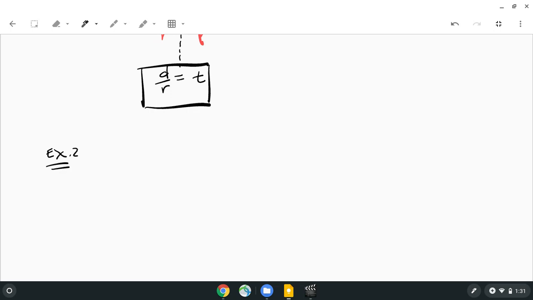All right, let's take a look at this one. Volume equals length times width times height. Okay, so there's your formula. In this case, let's go ahead and solve for H. Okay, so I'm going to write down the formula down here.